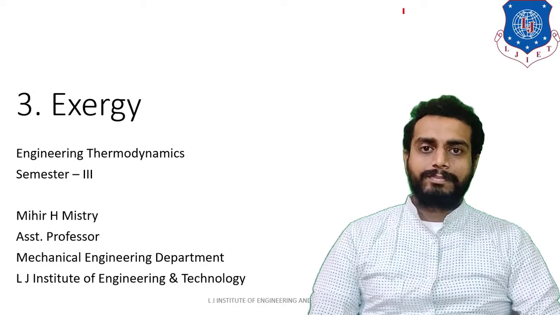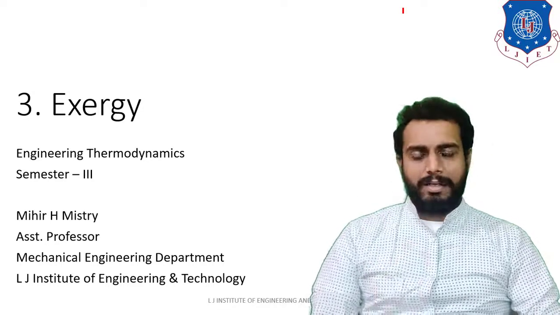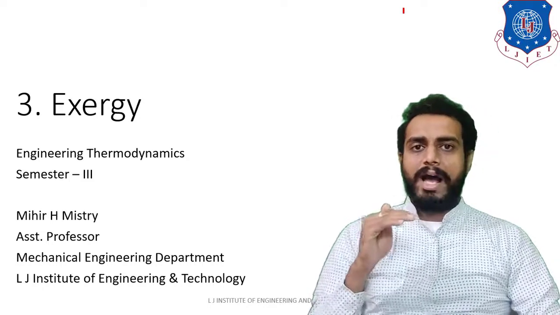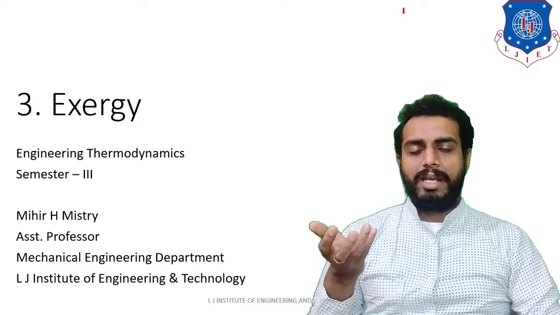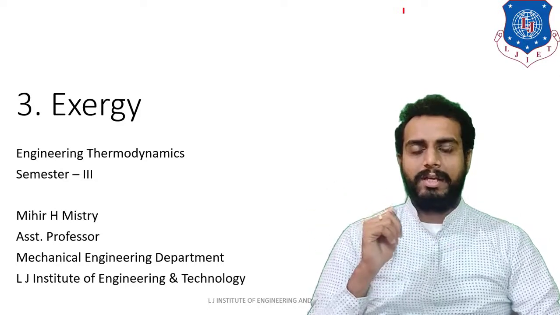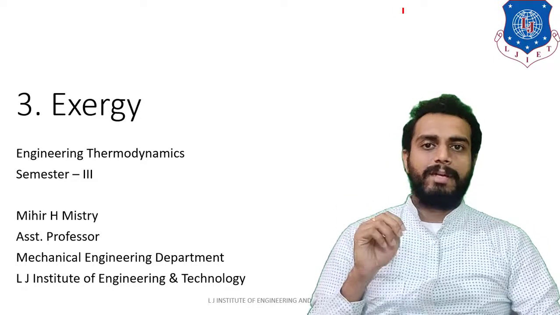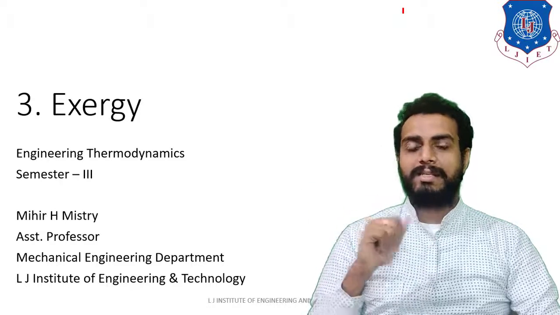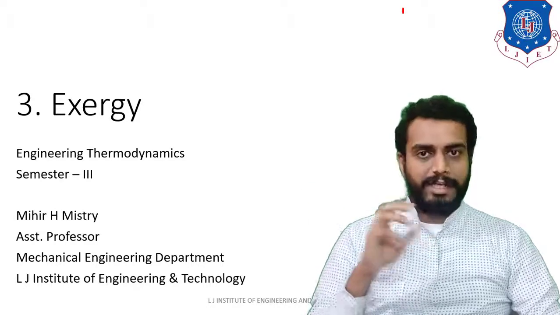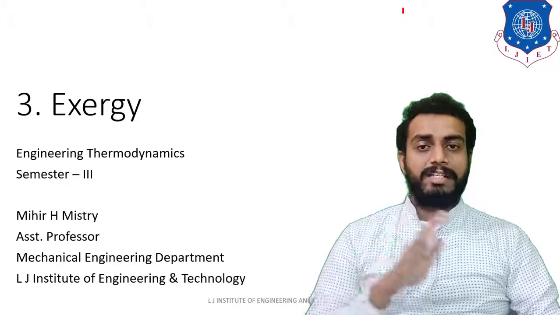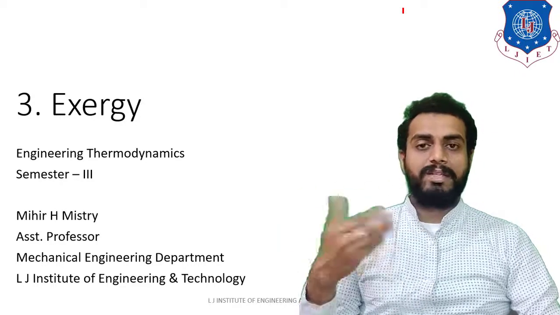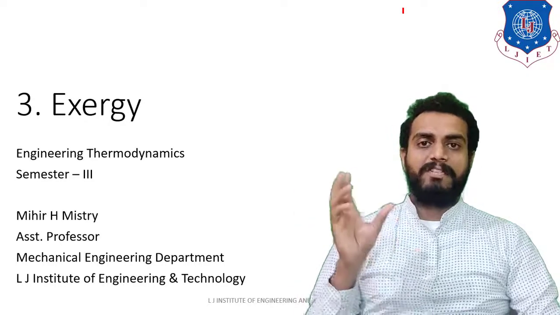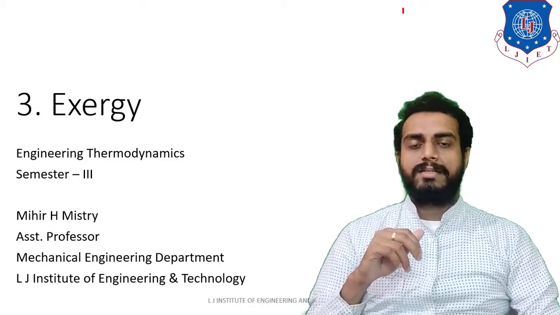Okay, further, let us understand the dead state. Dead state means what? Simple funda is that you have your system in thermodynamic equilibrium with the surroundings. If you recall the word thermodynamic equilibrium, you might be aware that it is associated with three different parts: pressure equilibrium or mechanical equilibrium; then chemical equilibrium, there shall not be any chemical reaction within the system and between the system and surroundings; and also thermal equilibrium, that means you should not have any temperature difference within the system as well as between the system and surroundings.